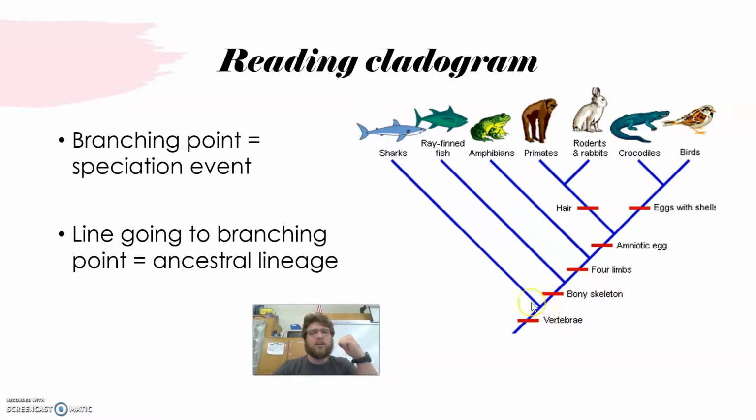And that one population formed what we know of as sharks, and another population created all the other organisms that we have today. So at each little branching point, that represents that there was an ancestral population that split and could no longer mate and reproduce with each other, and that now became an ancestral population for other species.